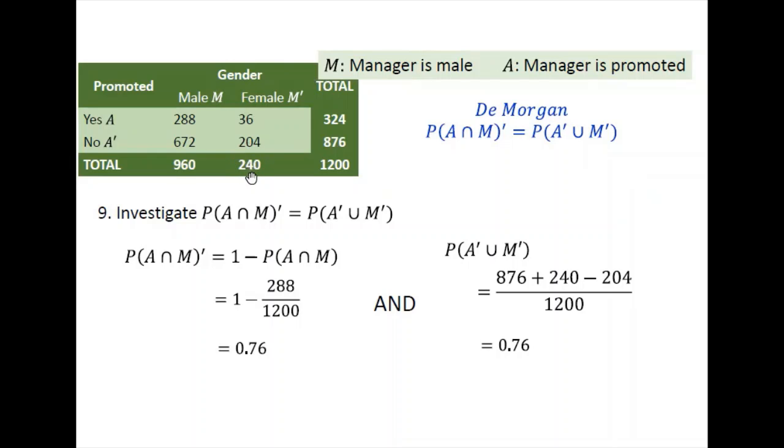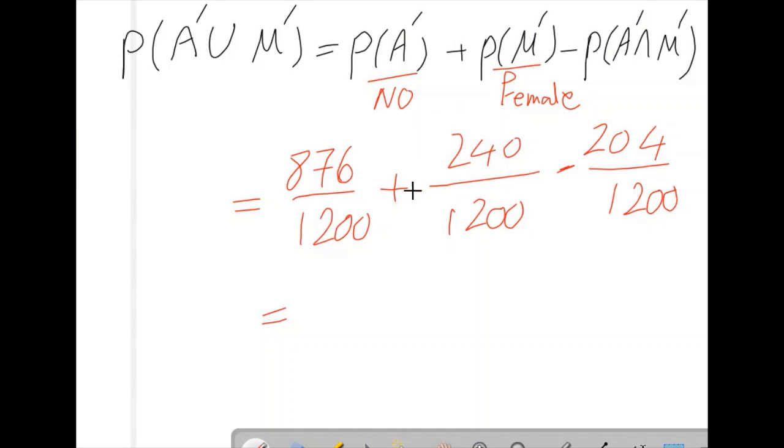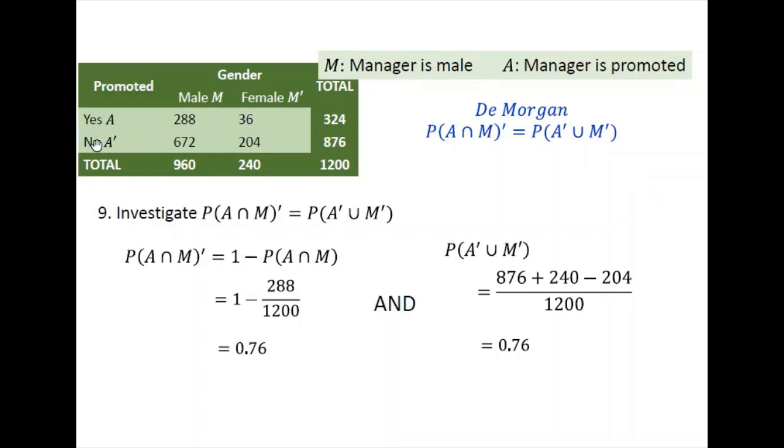The probability of female, or M prime: in total we have 240 females divided by the number of managers, 1200. So it is 240 divided by 1200. And the intersection of female and no promotion is 204, so the probability is 204 divided by 1200.